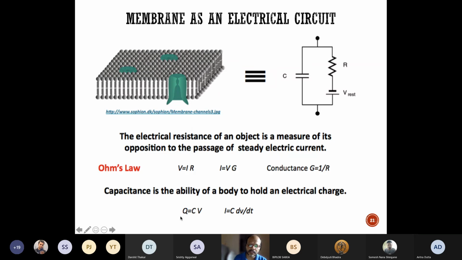The ability to hold charge is the product of the voltage difference across it and what is called its capacitance. If you want to hold a lot of charge, you need a lot of capacitance. Back in the day, we used to have capacitors that were as big as this room. You'll have to have very big plates separated by a very small distance to have large capacitance.